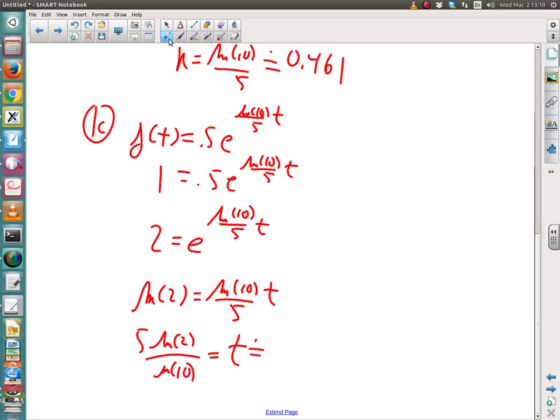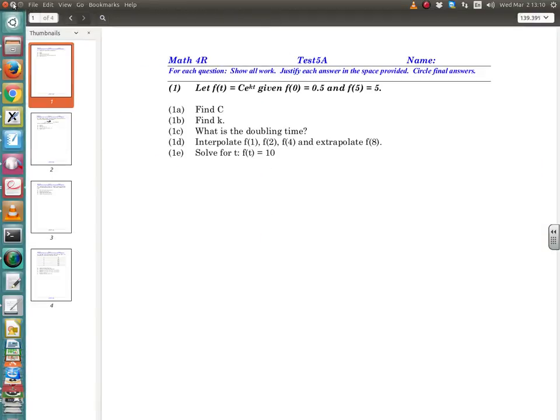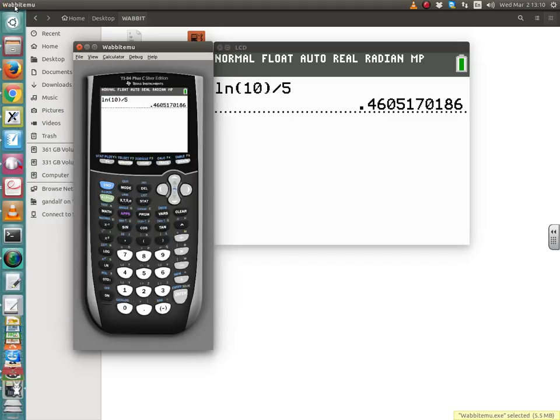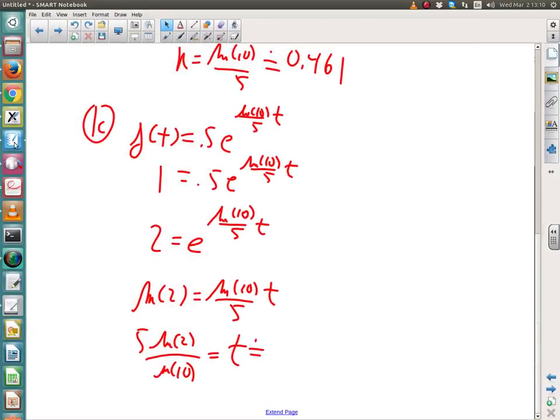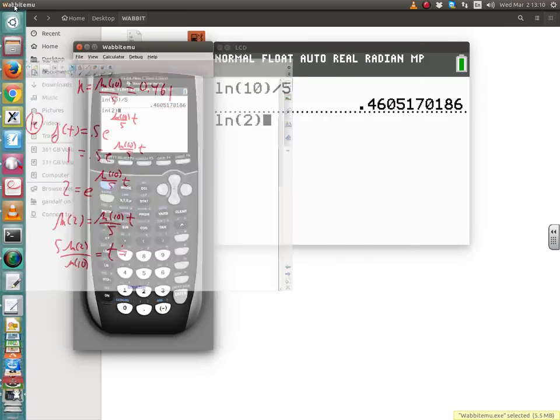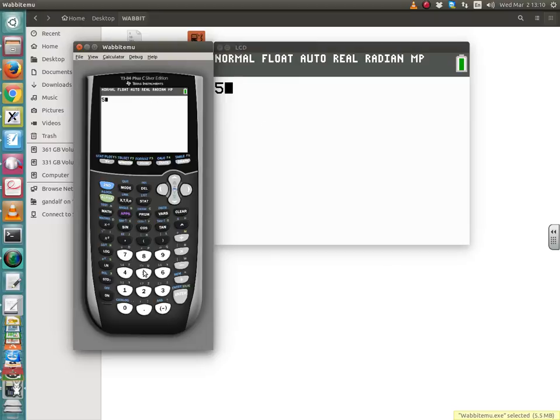Now they don't give you any units here, so you don't know what the units of t or f are, but maybe it's years or something. Can you give me a decimal version of that? Go to the calculator: 5 ln of 2 divided by ln of 10.